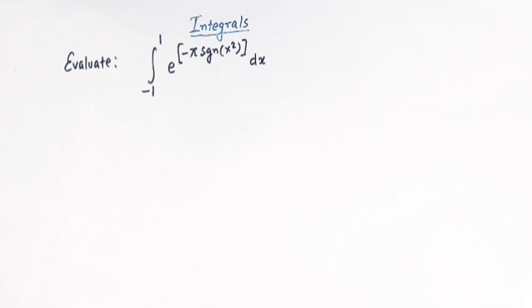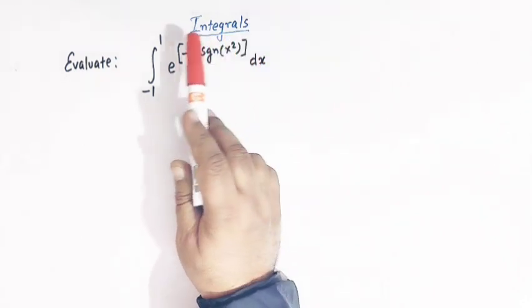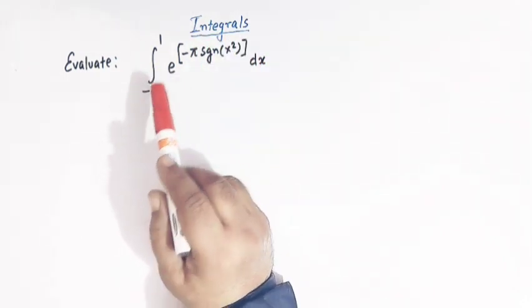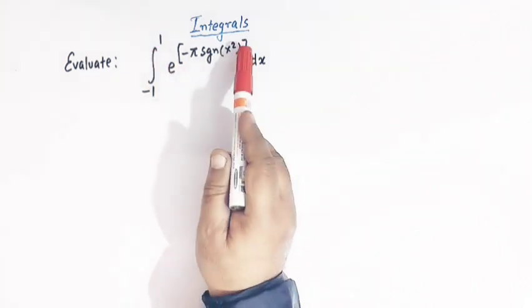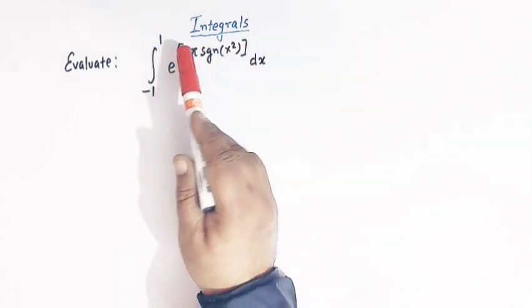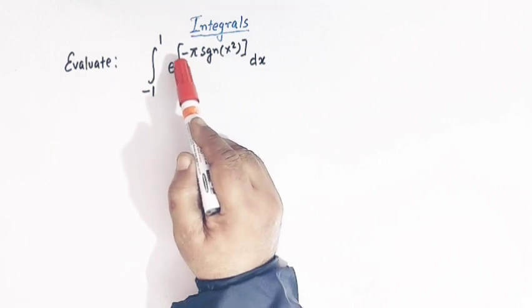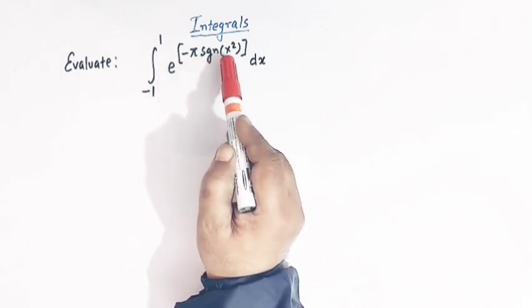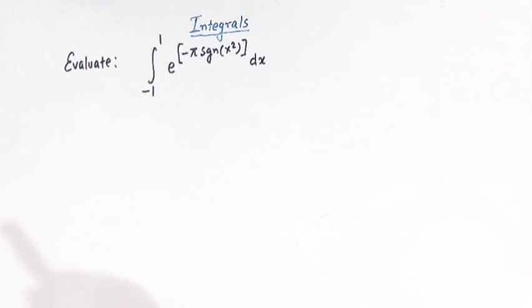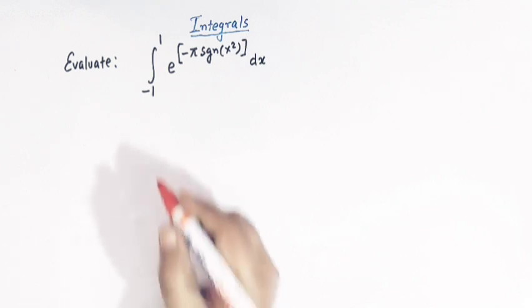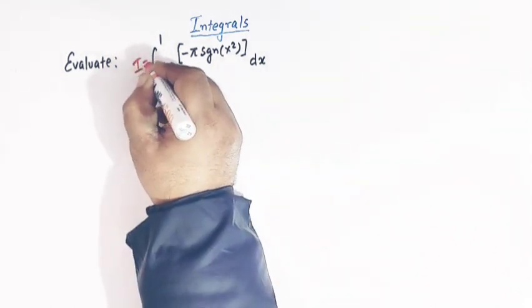And in this lecture, we'll see how we can easily evaluate this integral from minus 1 to 1, where the integrand is e raised to the greatest integer of minus pi and signum of x square, right? So we'll see how we can solve this integral by making use of the definition of signum function and the greatest integer function, right? So let us first call this integral as I.